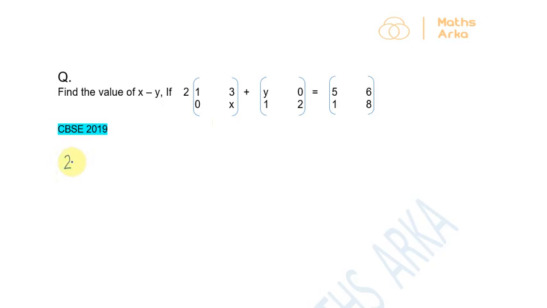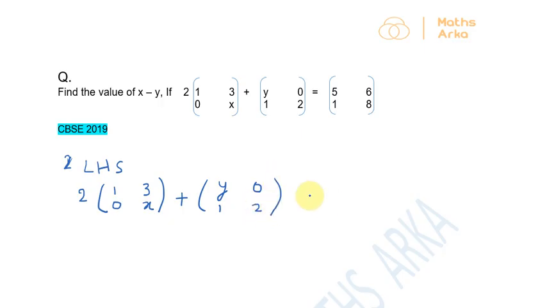First of all, the LHS: we have 2 into 1 0 3 x, plus y 1 0 2. This is equal to the RHS part, which is 5 1 6 8.